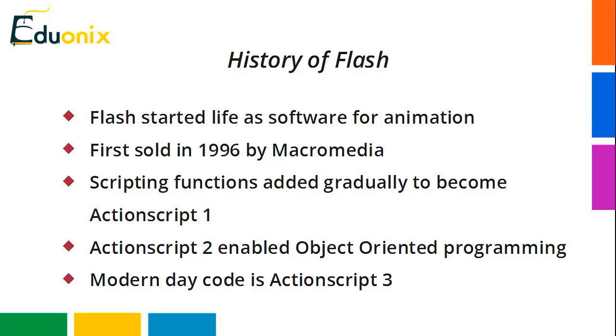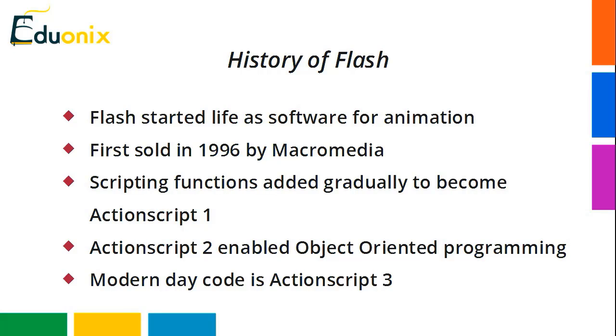Scripting functions were added to the animation package gradually in order to help control the animations, and this eventually became known as ActionScript 1. This programming language was updated to include something called object-oriented programming, and I won't be discussing object-oriented programming in this course.